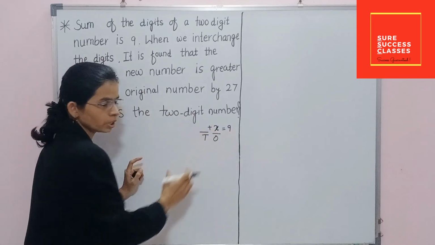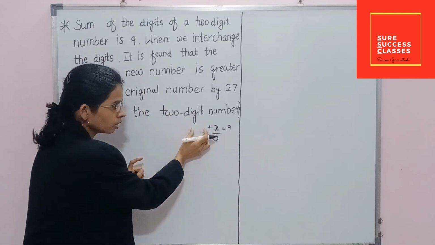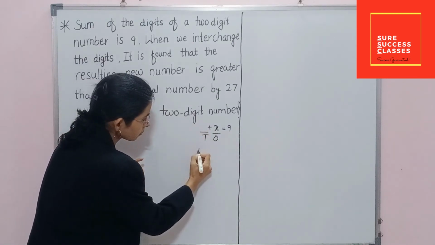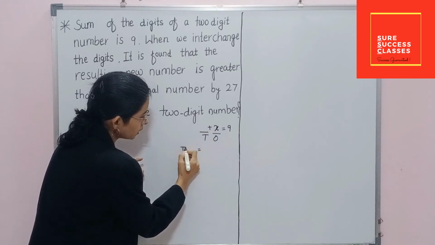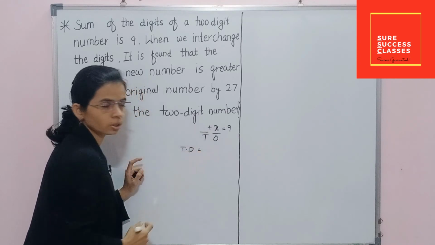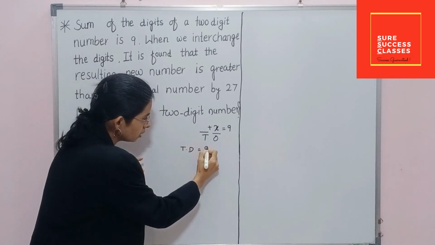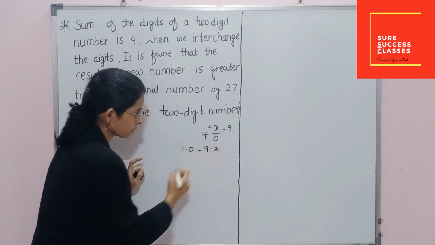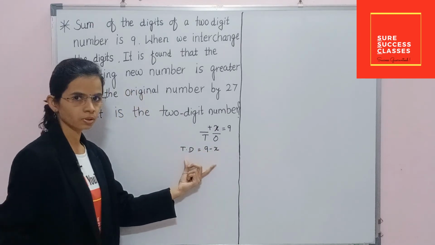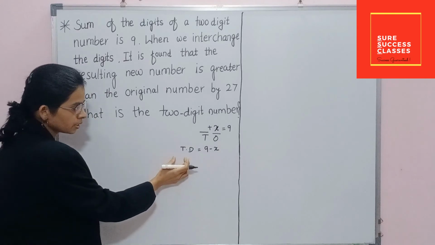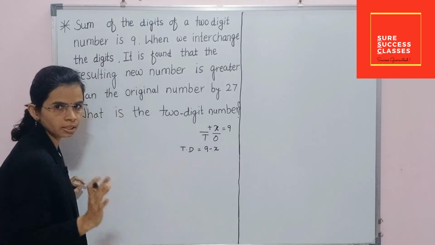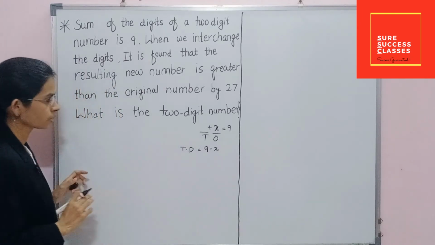From this we can write the unknown digit, or tens place digit, is equal to 9 minus x. Got it? Tens place digit is equal to 9 minus x.